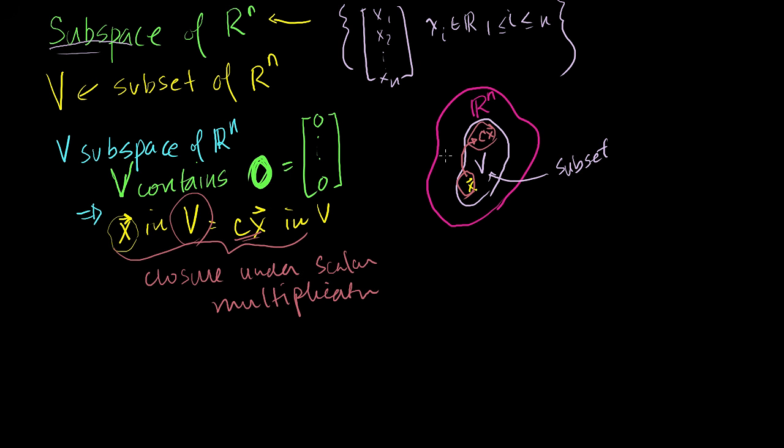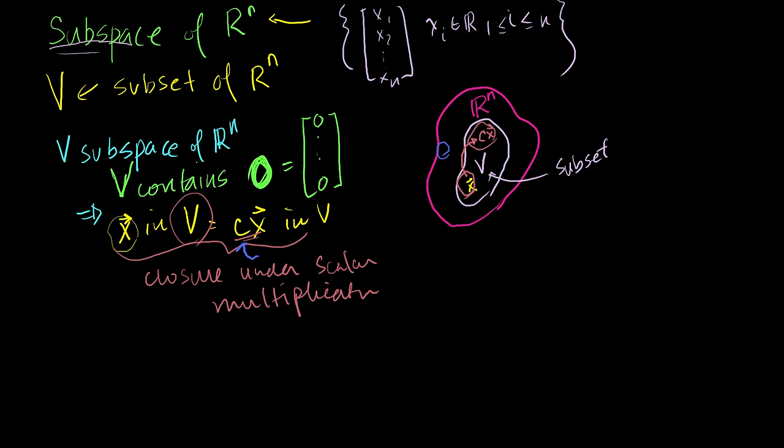If I multiplied it by some scalar and ended up outside of my set, with some other vector that's not included in my subset, then this wouldn't be a subspace. In order for it to be a subspace, if I multiply any vector in my subset by a real scalar, I'm defining this subspace over real numbers, if I multiply it by any real number, I should also get another member of this subset. So this is one of the requirements.